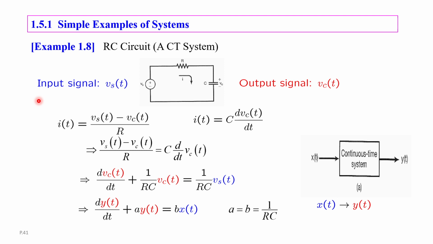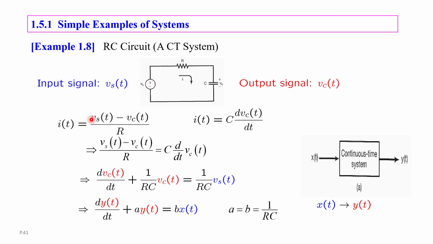This is a very engineering system where your input signal is the voltage here, and there are several things you can think of as the output signal. For now, we think the output signal is the voltage over your capacitor. Then you can do physics and solve the differential equation, but let's skip that. We don't care about physics for now that much.